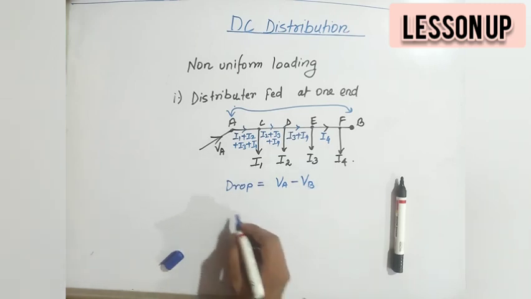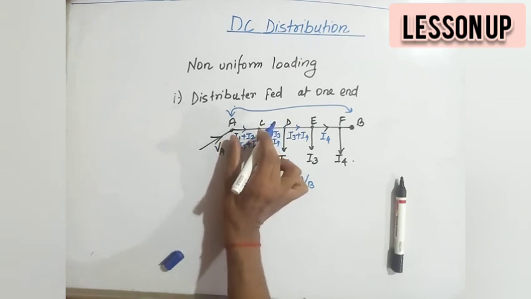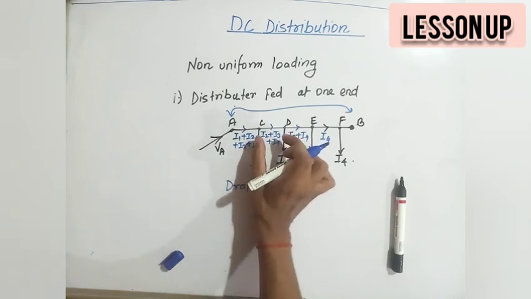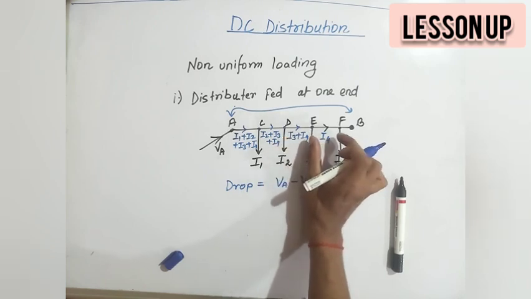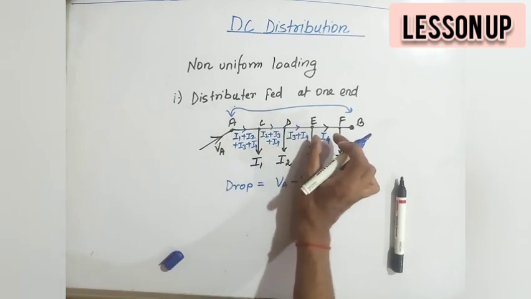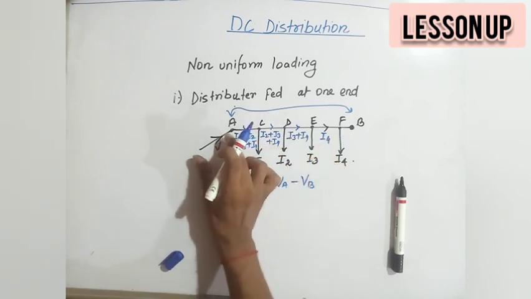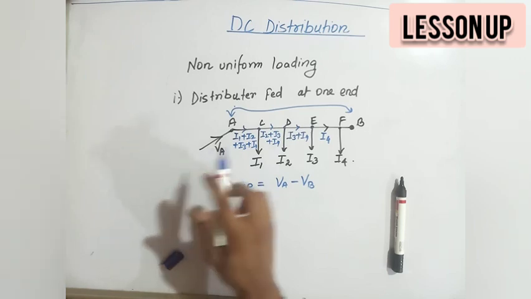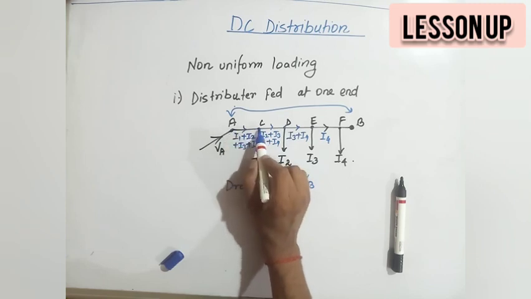Obviously, if we are supplying from this point, there will be some voltage drop between A and C, between C and D, similarly D and E and F. So if VA is 500 volt and at each section we lose 50 volt, then after the drop of 50 volt between A and C, at this point you will get 450 volt.